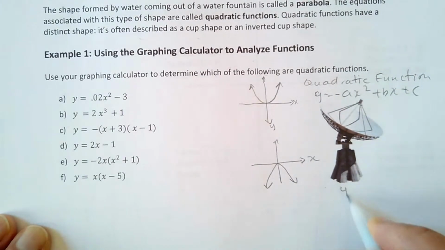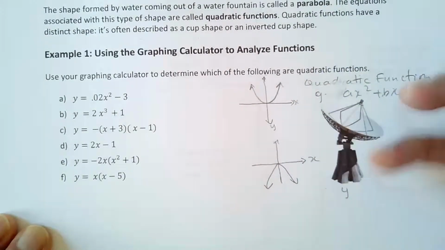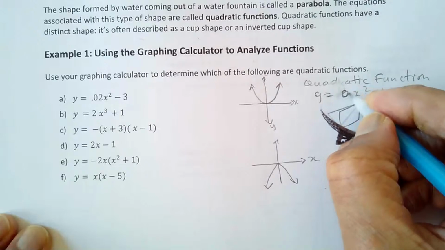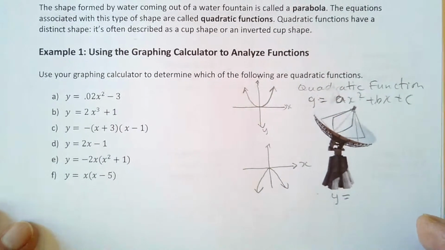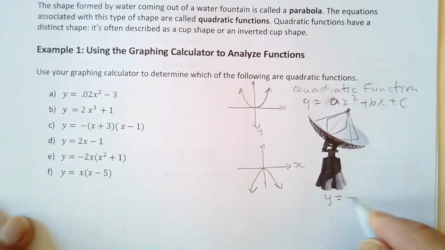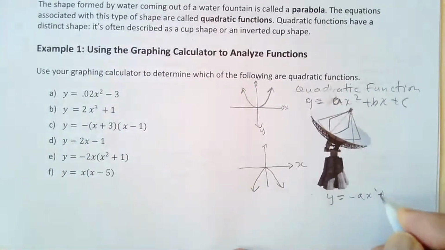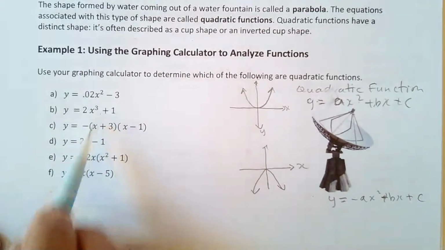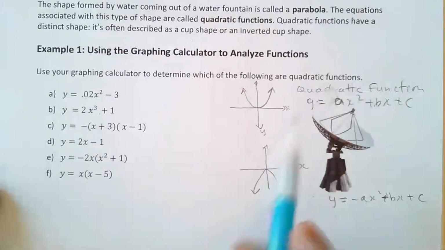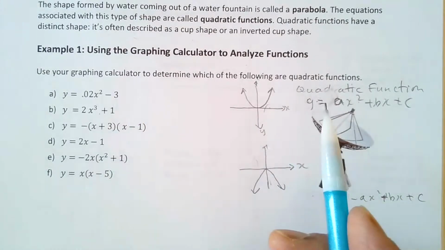And in this case, it'd be plus, not minus. So if it's going up, it's a positive graph. If it's going down, it has a negative ax squared plus bx plus c. So we'll enter these into our calculator, and if it looks like in any one of these shapes, it will be quadratic.